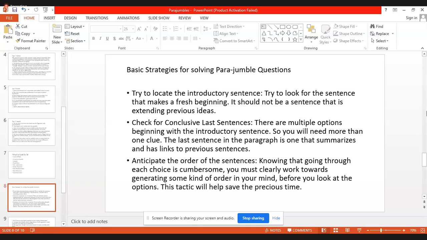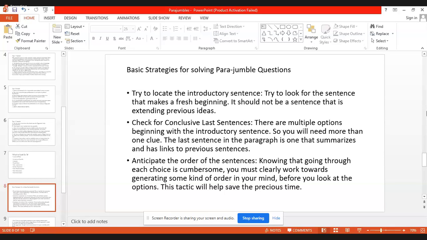Right? So what does the introductory statement look like, students? It has to be a general statement, a broad statement.